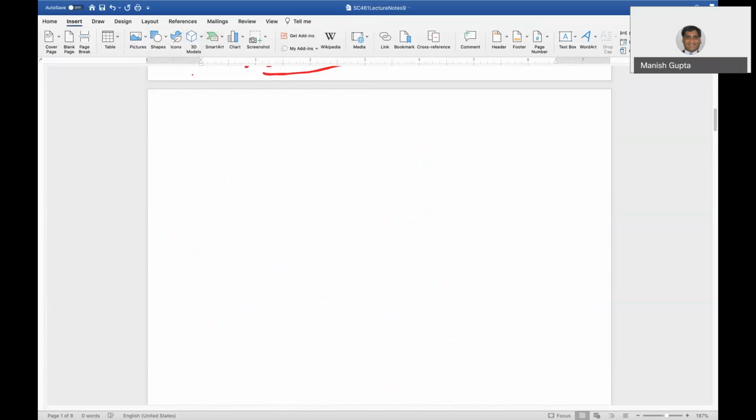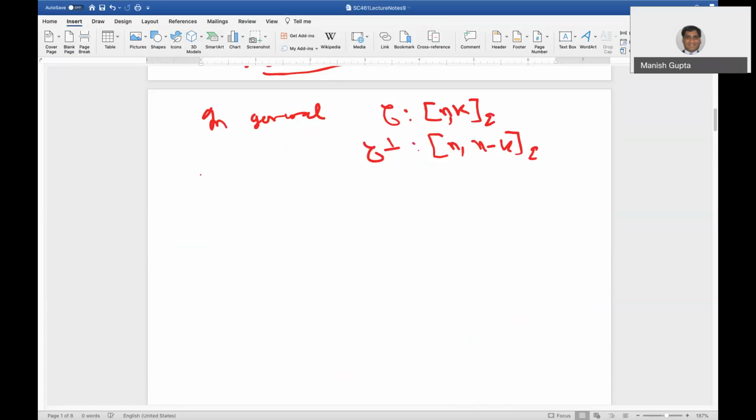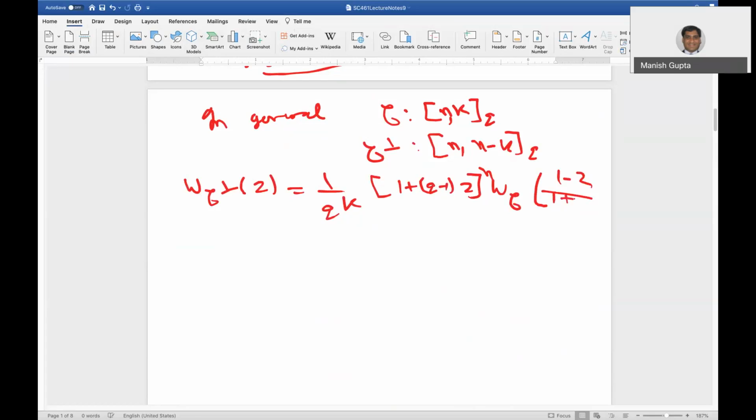So in general, if C is an (n, k) q-ary code and C perp is a code with parameters (n, n minus k), then W_C perp of z is 1 over q raised to power k, 1 plus (q minus 1) times z raised to power n, W_C of (1 minus z, 1 plus (q minus 1) times z). This is the general case.